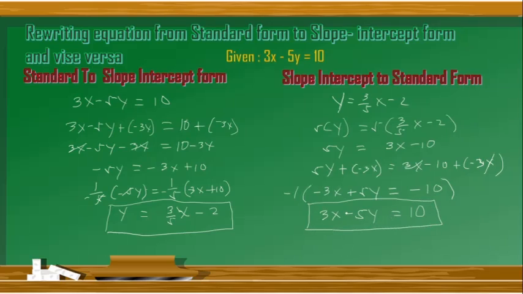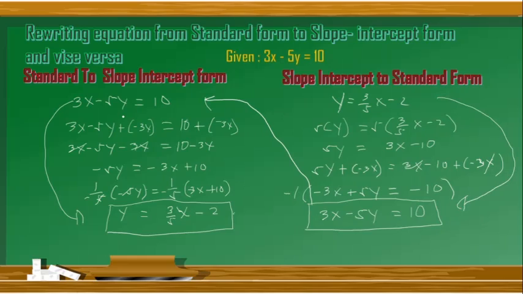So as you can see, we return to the given. From standard form going to the slope-intercept form, then from slope-intercept form going to standard form.